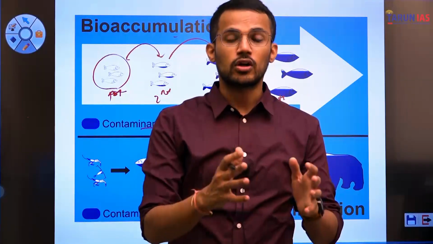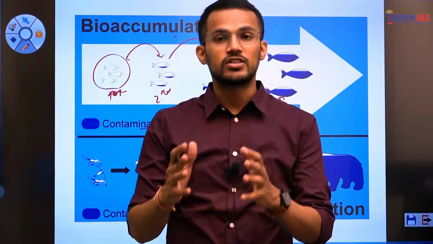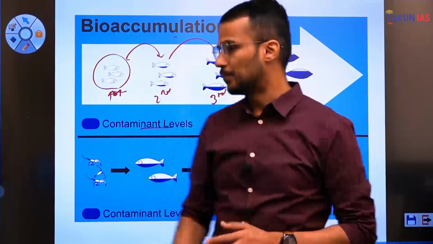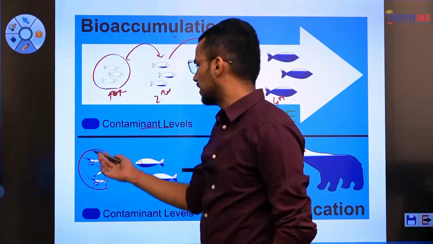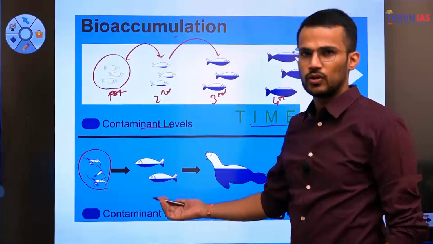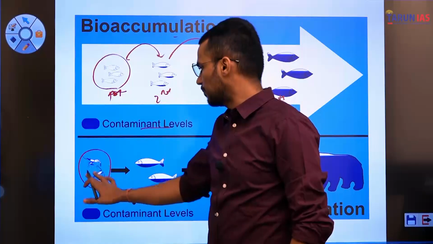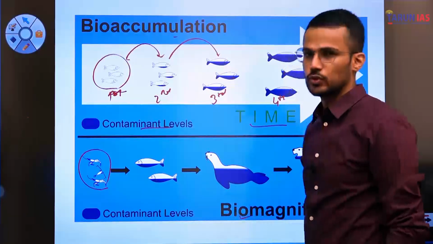Rather, we talk about a food chain with respect to which the concentration of contaminants is increasing. For example, in this food chain, initially there are these, let's say these are crustaceans, one of the basic organisms, or primary consumers, in the food chain of an aquatic ecosystem.